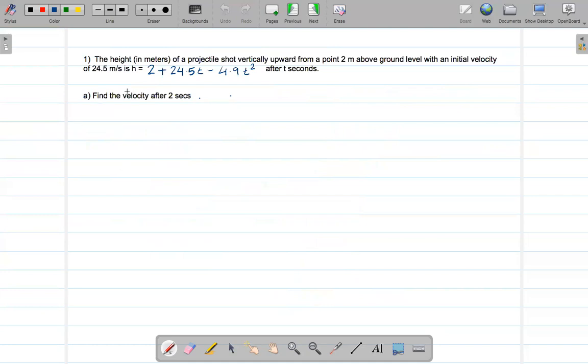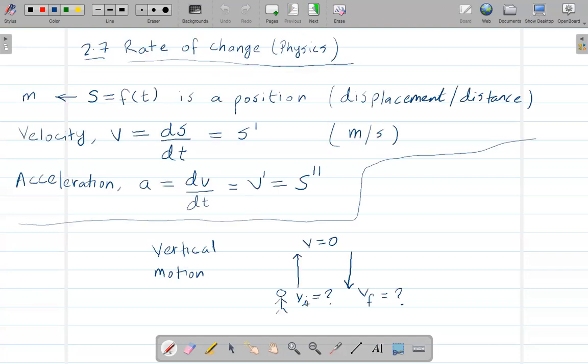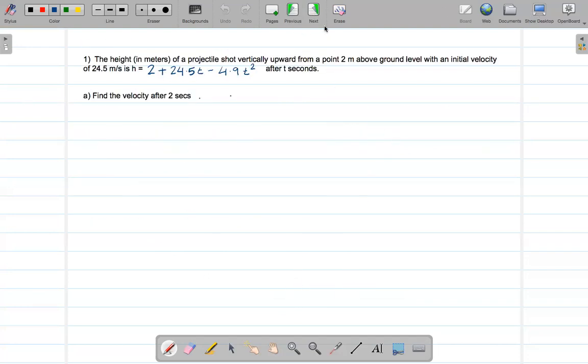So here, the height of a projectile moving vertically upward is 0.2 meter above the ground level with initial velocity. Like I said, this initial velocity is given. Anyway, find the velocity after 2 seconds.